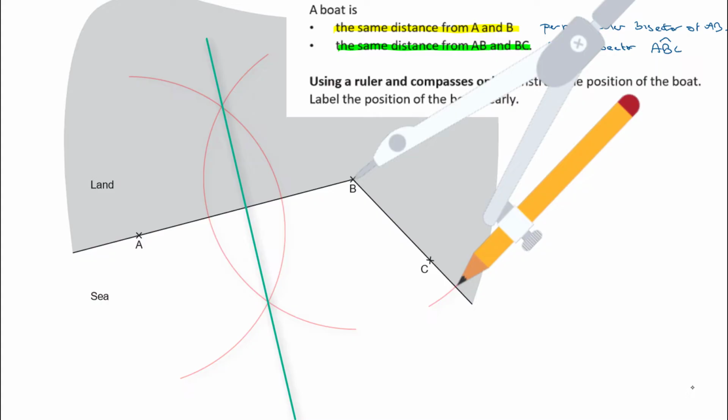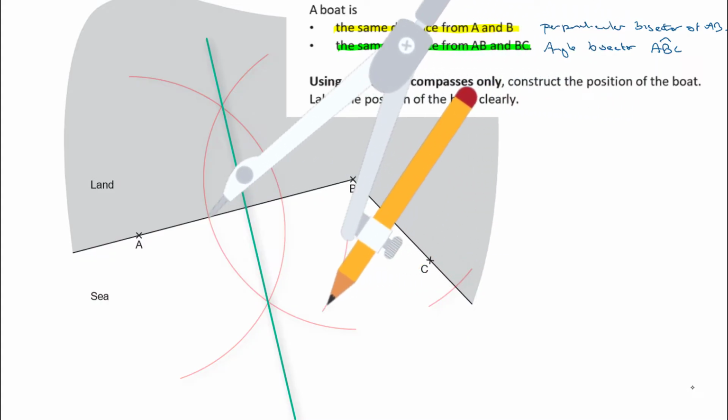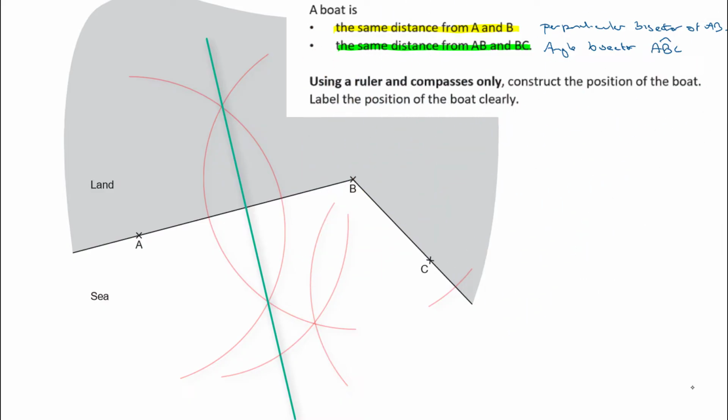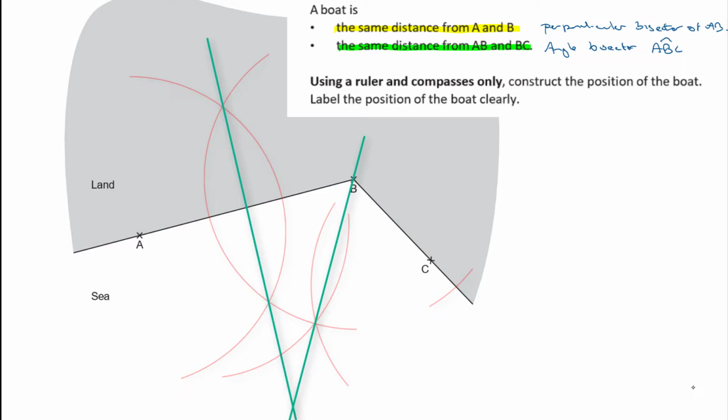Then you put your compass on those 2 marks and do a second set of arcs in the middle, and then you can join B to that cross. So the boat needs to be somewhere on that line as well. Given that it's on the angle bisector and also on the perpendicular bisector, our boat must be at this point here.